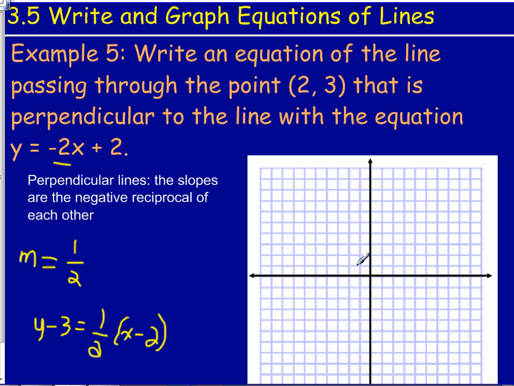So I'm going to graph my original line. My slope-intercept is at +2, or my y-intercept, excuse me. And now I'm going to go down -2 and over 1, down 2 over 1. All right, graph this line real quick.